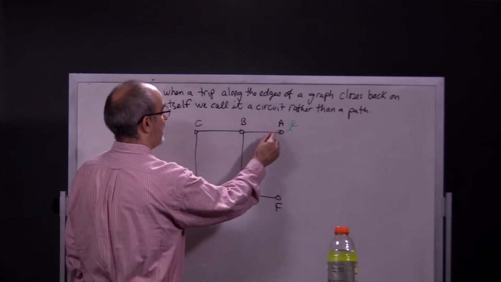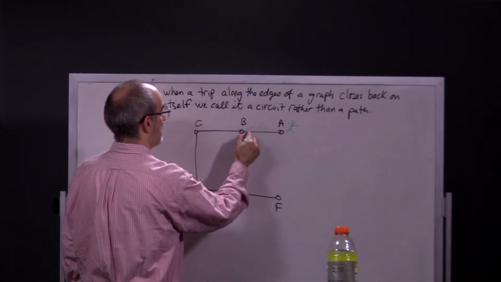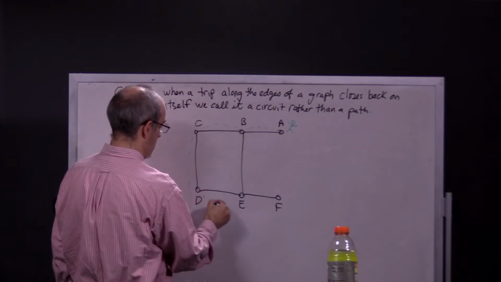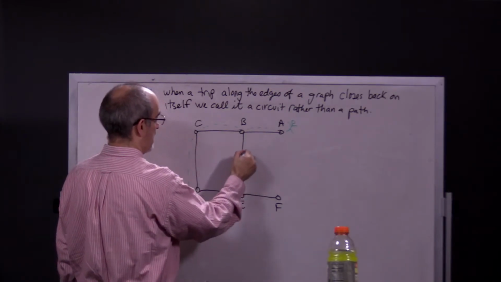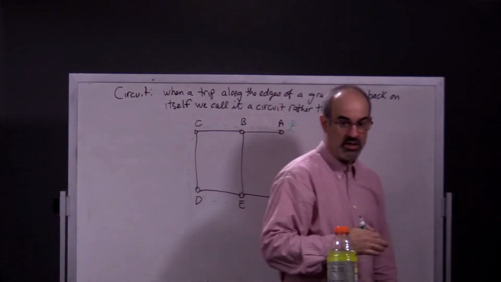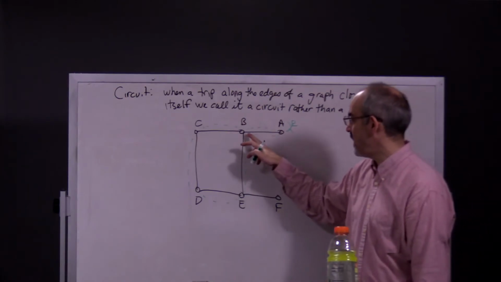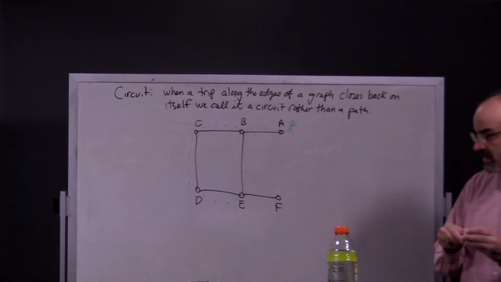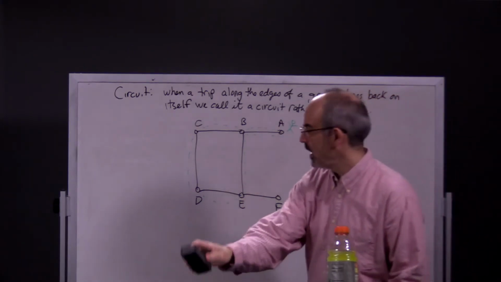So if we start here and go to B, then to C, then to D, then to E, then back to B, then to A, we actually traveled along this edge here twice, so that's not allowed. So that's not a circuit, okay?